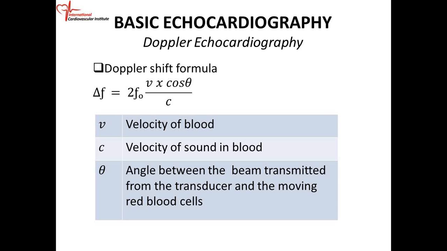So at 90 degrees, what Doppler shift do you expect to get? Cosine of 90 is 0. So you're not going to get any Doppler shift. So say for instance you're looking at blood flow across the mitral valve, if your ultrasound beam is perpendicular to the flow, you're not going to see anything.